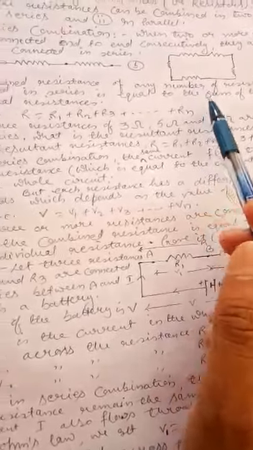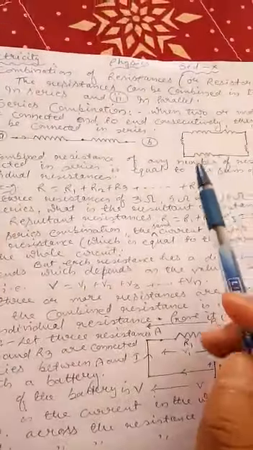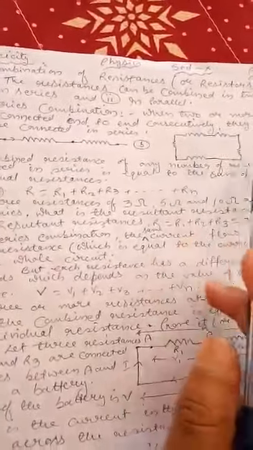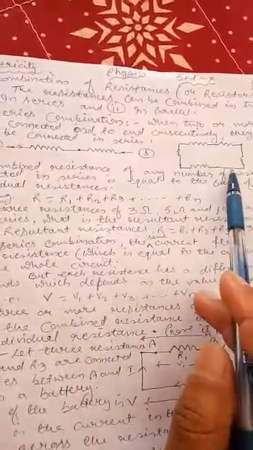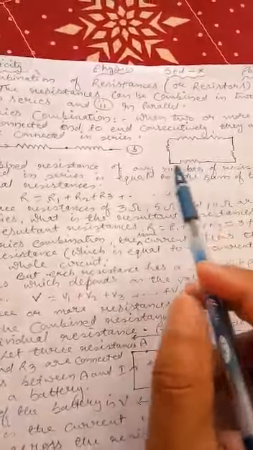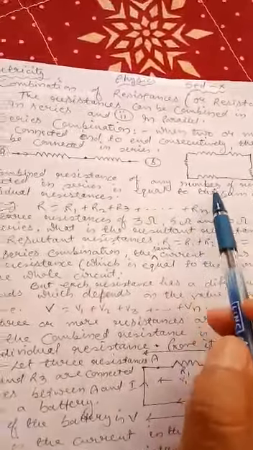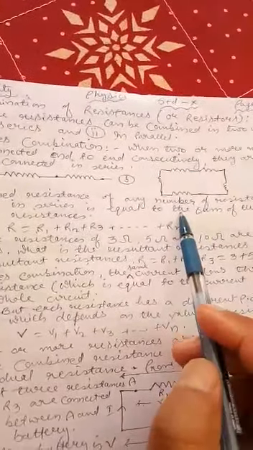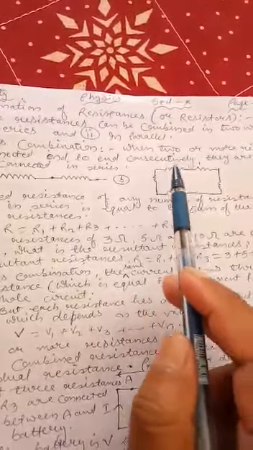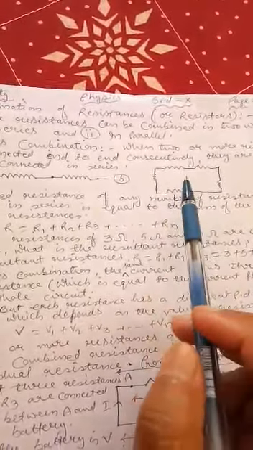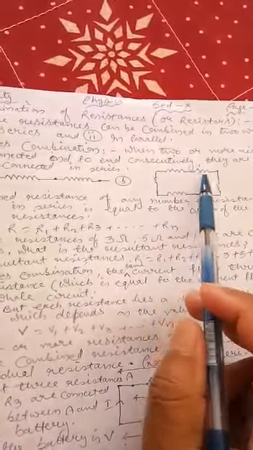You have to pay attention that in series combination the current remains the same, but the potential difference is different, and the sum of the potential differences will be equal to the potential difference of the battery. Suppose the potential difference of the battery is V, and V1, V2, V3, V4, V5 are the potential differences across each resistance, then V is equal to V1 plus V2 plus V3 plus V4 plus V5.